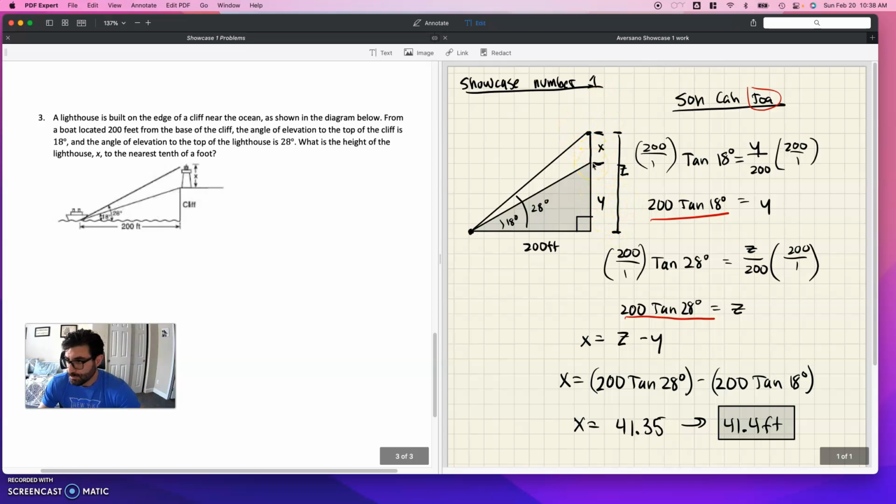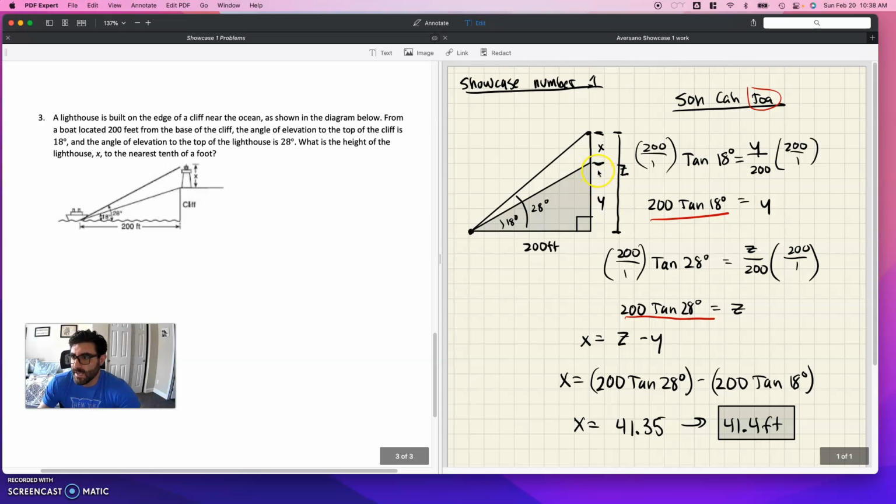We're going to use the trigonometric function tangent here, because we have an adjacent side of this right triangle, and we need the opposite side of this total right triangle as well as this smaller right triangle.